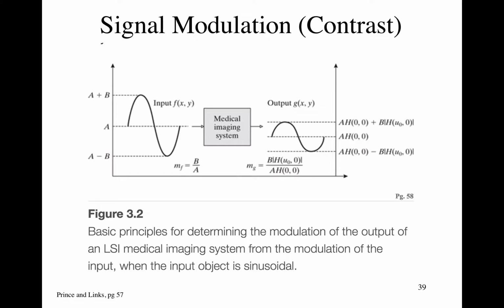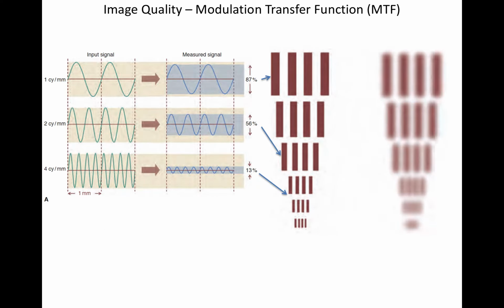Similar with images, where spikes in the image are really high frequency data, and really sharp edges are high frequency data.